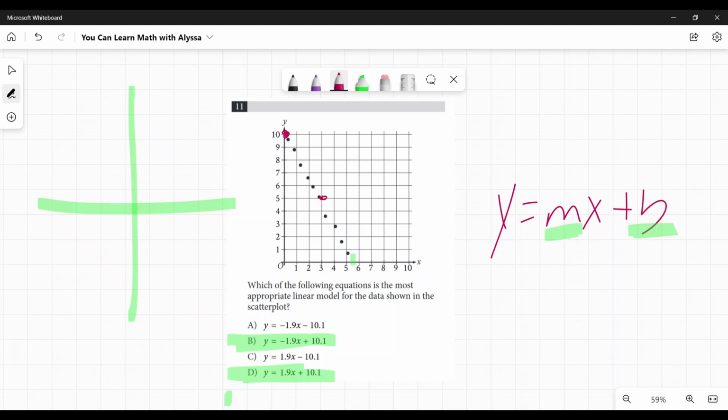How far are we going up and down over how far are we going left and right? So to get from this point to that point, I'm going down 5, and I'm going to the right 3. So negative 5 over 3. That is a negative slope. So I know my answer is B because that is a negative slope.